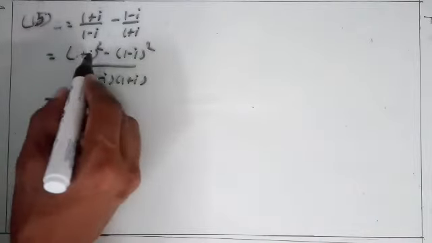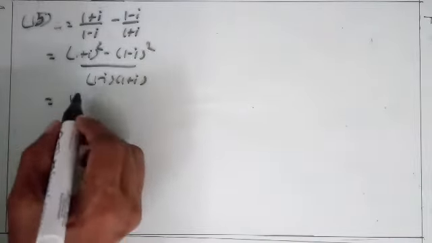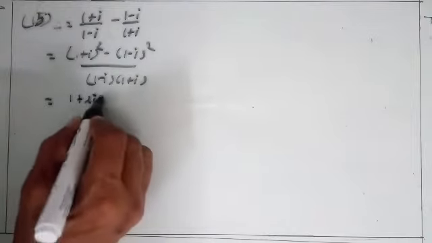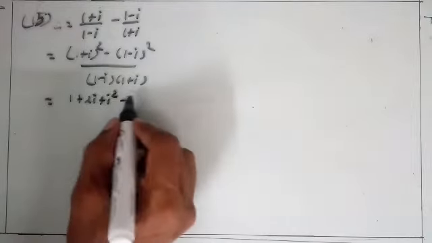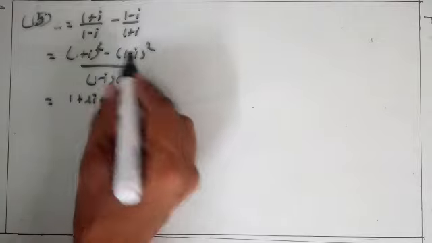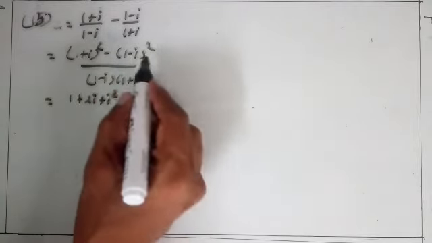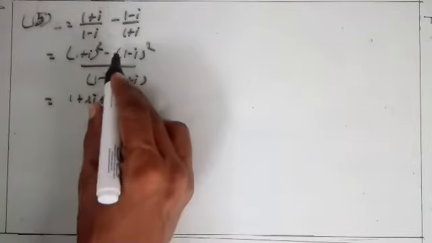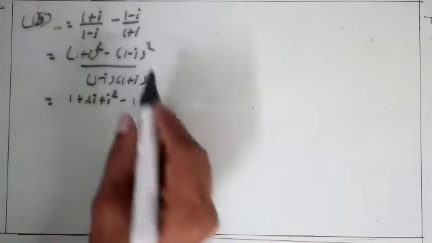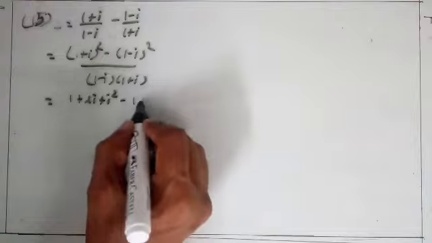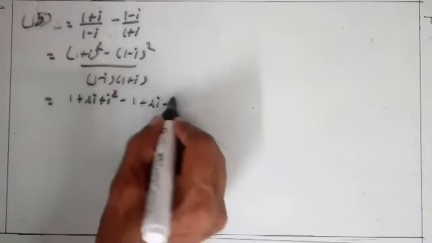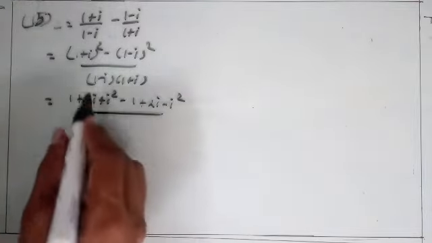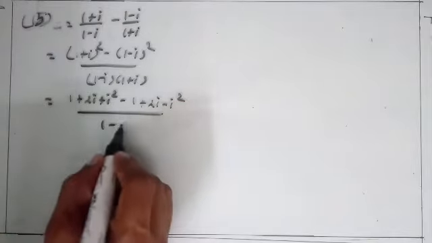So (1 plus i) raised to 2 becomes 1 square is 1 plus 2i plus i square, minus (1 minus i) squared. I take minus 1 inside the parenthesis: 1 square is 1 minus minus plus 2i minus i square, upon 1 square is 1 minus i square.